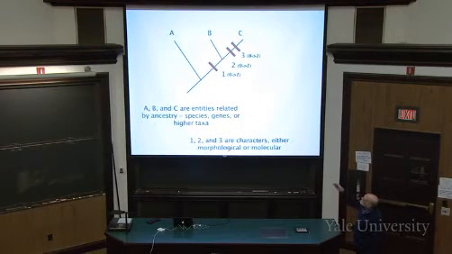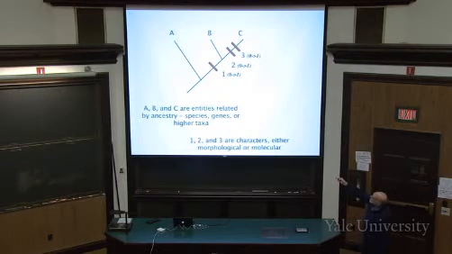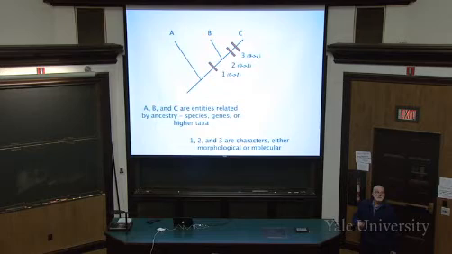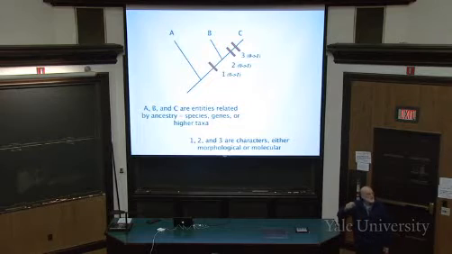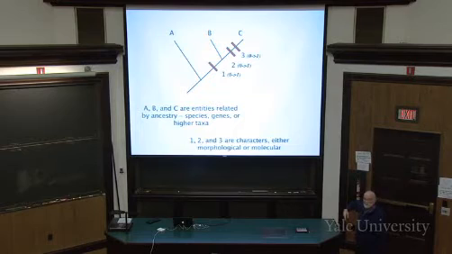Now, A, B, and C would normally be species, but they could be other things. They could be genes, or they could be genera or families or something like that. And 1, 2, and 3 are characters. They could be morphological. They could be molecular. And as a convention, the ancestral state of that character will be denoted 0, and the derived state will be denoted 1, and the arrow indicates going from ancestral to derived.